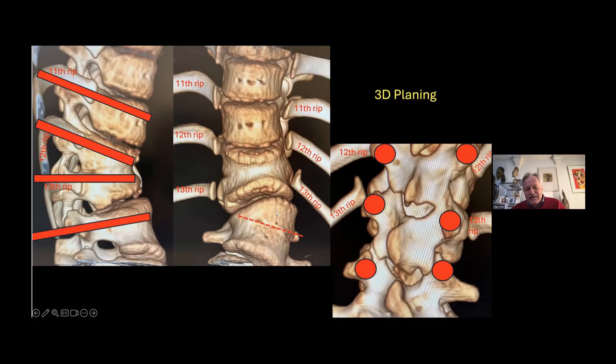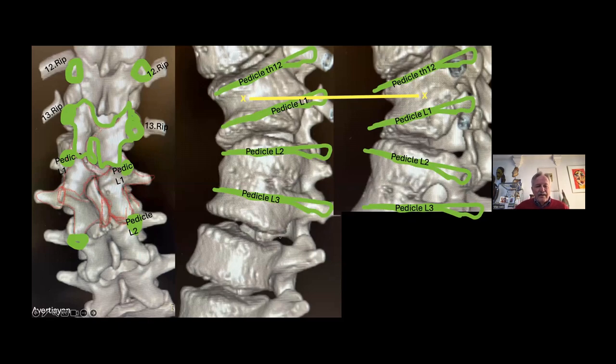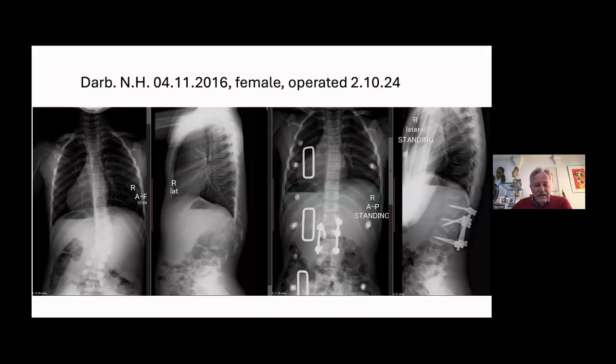So I think the surgery here cannot just be localized to this and this. It has to be including at least 2 segments above and below. So here you can see the possible screw insertions. And at the end, that's what we did, which came out.